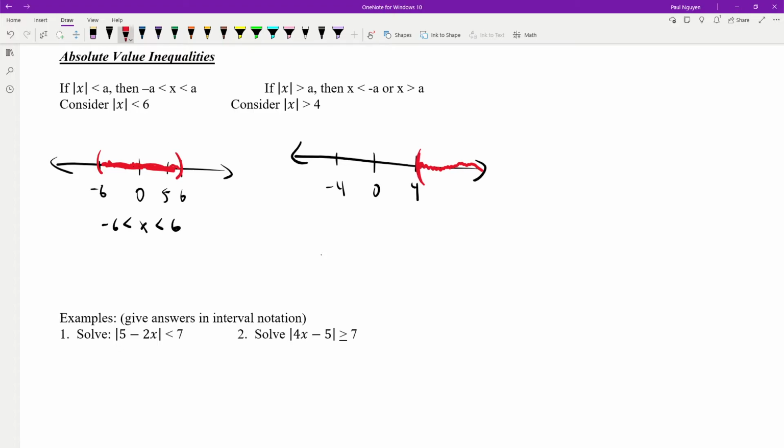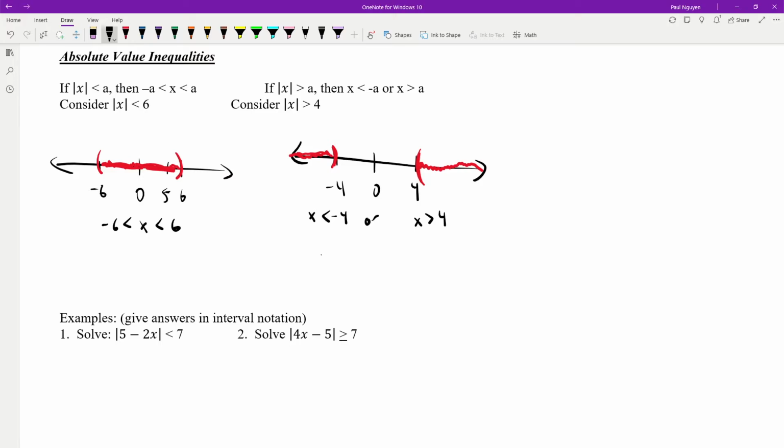But also anything out here will work. The absolute value of negative 5 is bigger than 4, because it's 5. And anything over here will work up to, but not including, negative 4. So we have that x is either less than negative 4, or x has to be bigger than positive 4.